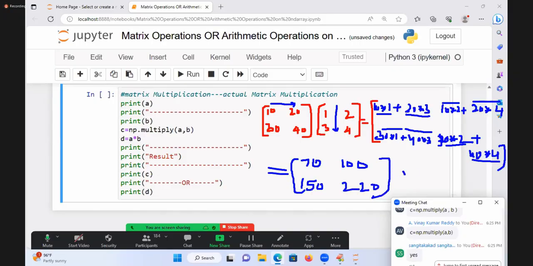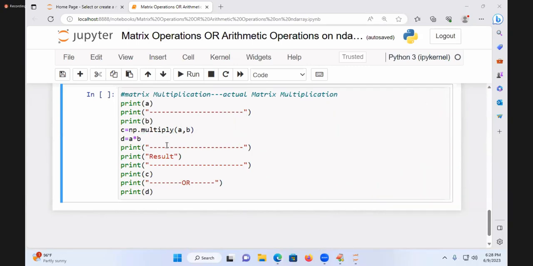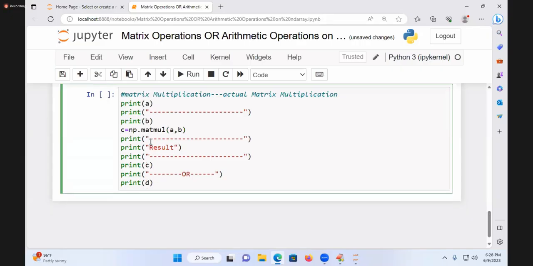This is called actual matrix multiplication. In place of multiply, I will write matmul of A comma B. It can also be written as dot of A comma B. There is no symbolic notation for that.